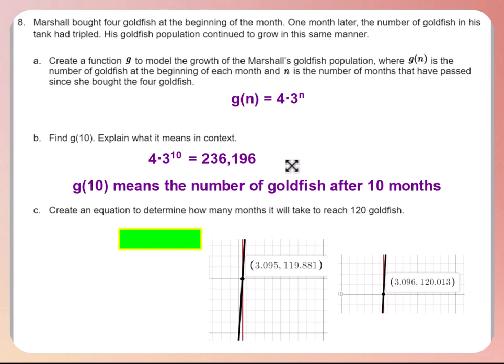And then I put x equals 120, and I tried to see where they intersected, but I couldn't get exactly 120. But I slid up here and look at what the x is. A little after 3 months, okay, we get to 120. Okay, somewhere between 3 and 4 months, a little after 3 months, we reach 120 goldfish. So practice putting that into Desmos. Let me know if you have any questions about how to solve this problem with your calculator before the test tomorrow.